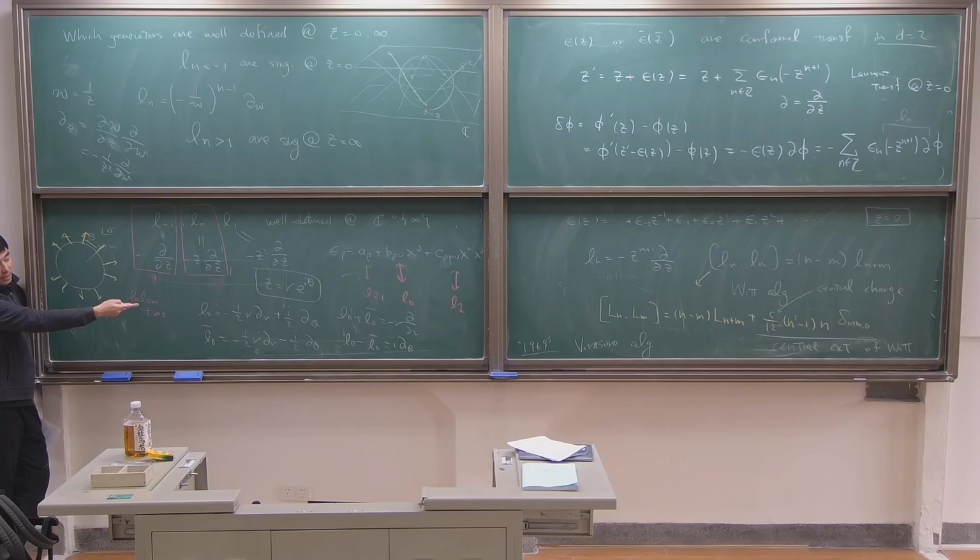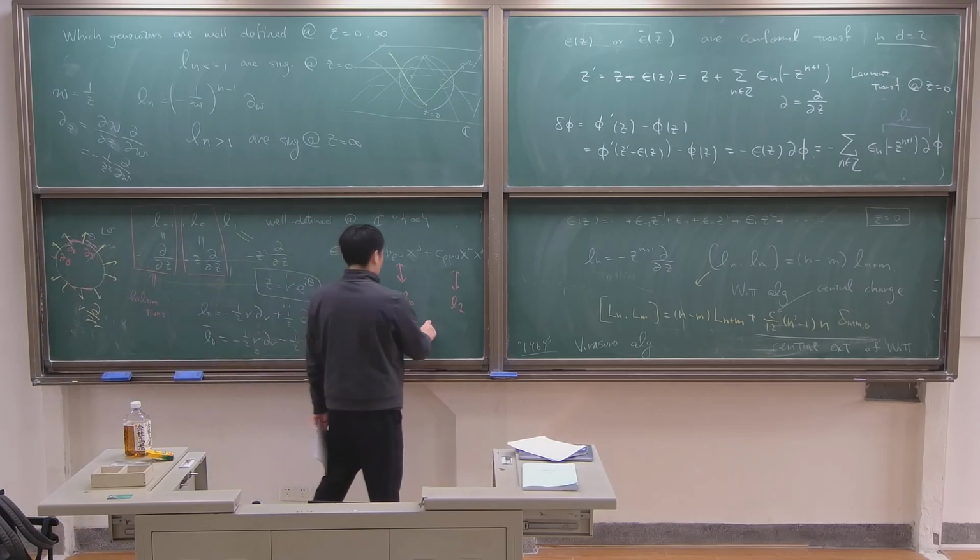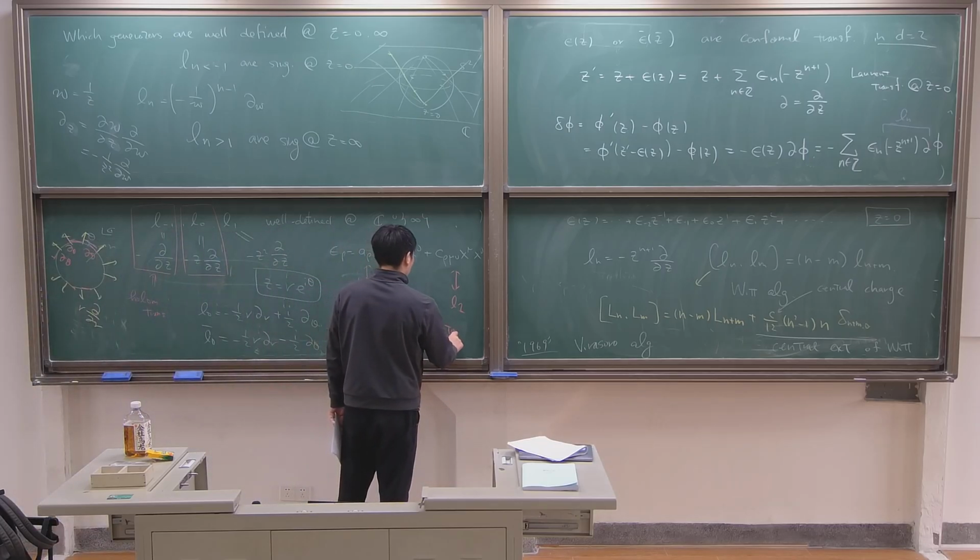And the del theta is just a rotation, the generator of rotation, as you can easily see. So now this is the dilatation, and this is rotation.